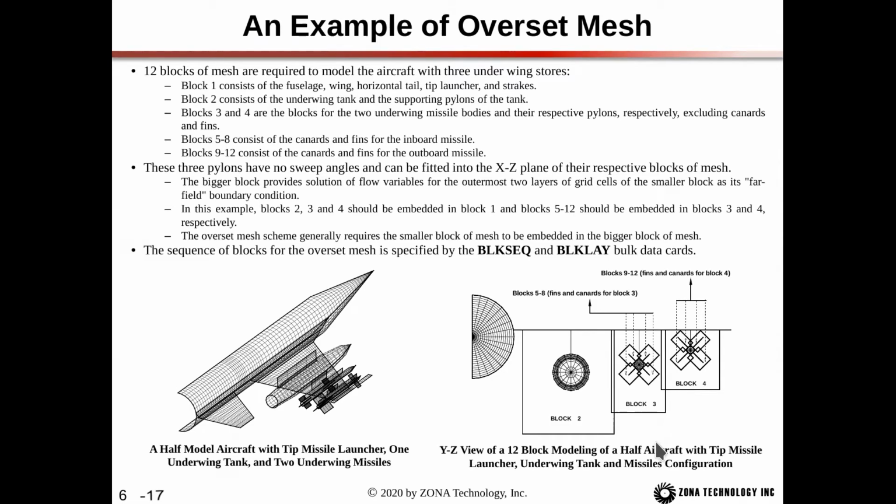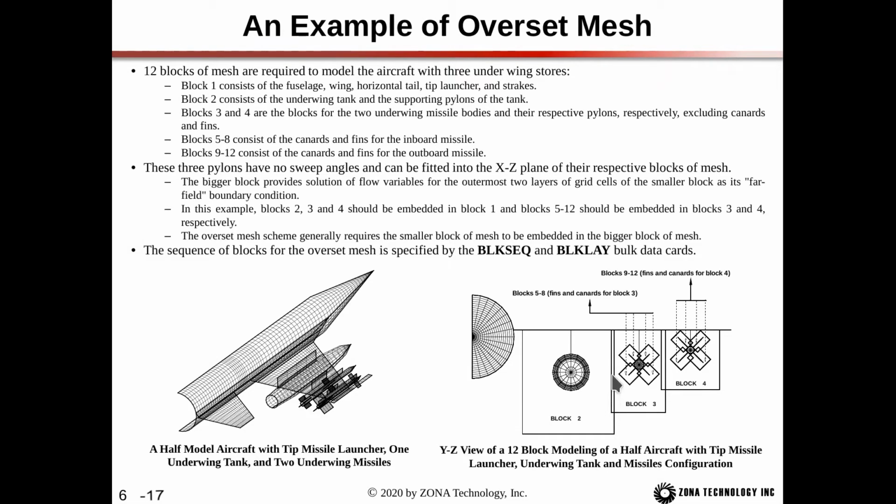And the main block is only hole cut by the interior cells, excluding the outer two boundary cells of blocks 2 and 3. So as long as this overlap is not bigger than 2 cells for both block 2 and block 3, that's okay. Because we can imagine if this is exactly 2 cells on block 2 and exactly 2 cells on block 3, blocks 2 and 3 won't be fighting with each other about which cell is donating to the main block.